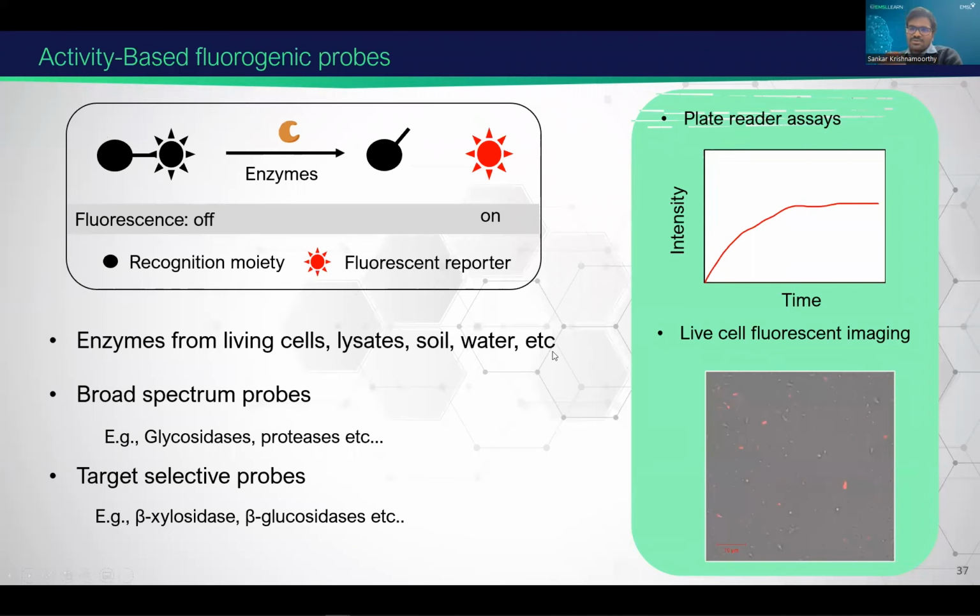We can also do live cell fluorescence imaging by specifically designing these probes, and look at where the enzyme activity is using fluorescence microscopy techniques. We have broad spectrum probes, if you're looking at a big enzyme family like glycosidases, or we can design a probe to look at one specific enzyme in a bigger family of enzymes.